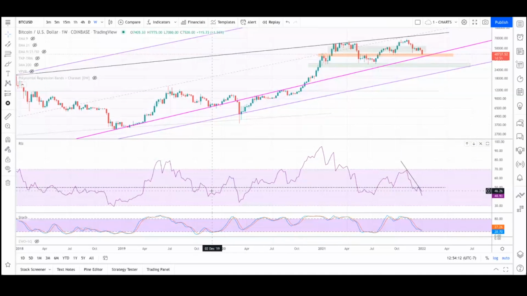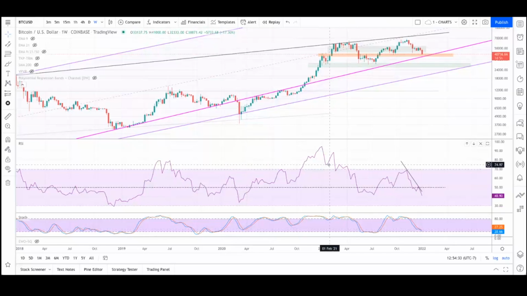I mean, it's obvious. It's not so oversold that it can't pull in some more, right? Like, the COVID drop came down to about a 30 RSI, and on the stochastic, that was about a 28.